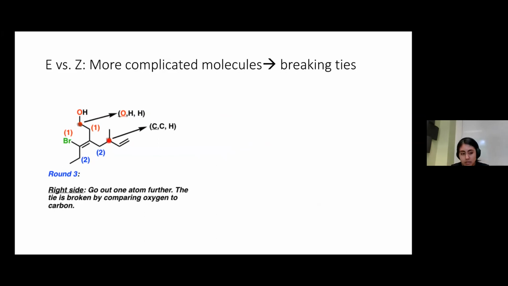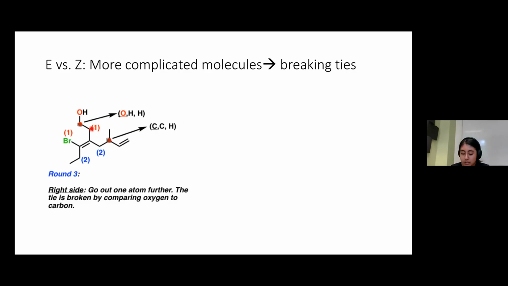Then let's look at this one right here. This is attached to a carbon, another carbon, and then an implied H. So we write C, C, H. In this case, we can see that oxygen is higher priority than carbon, so we can denote this one right here a number 1, and this one over here a number 2.